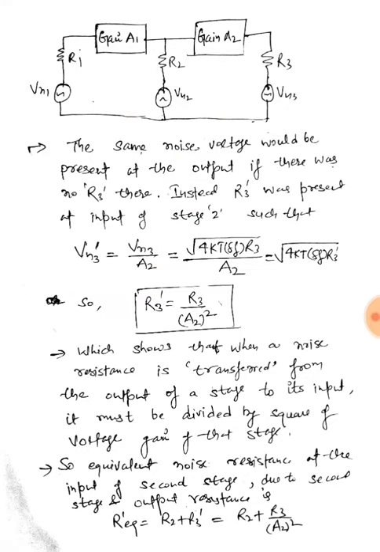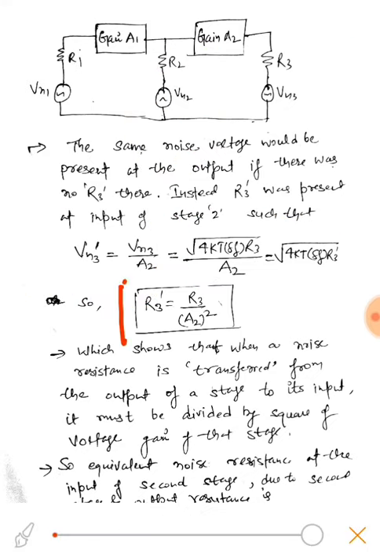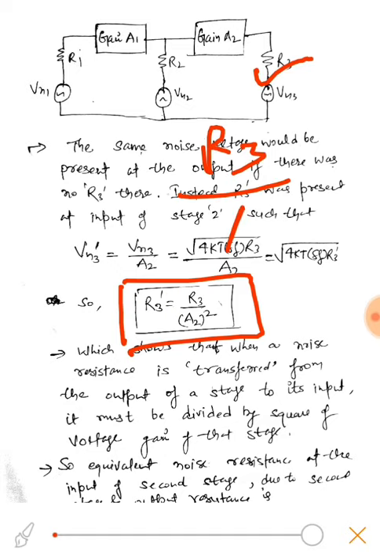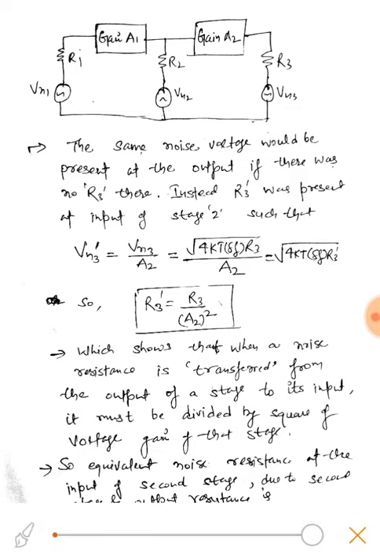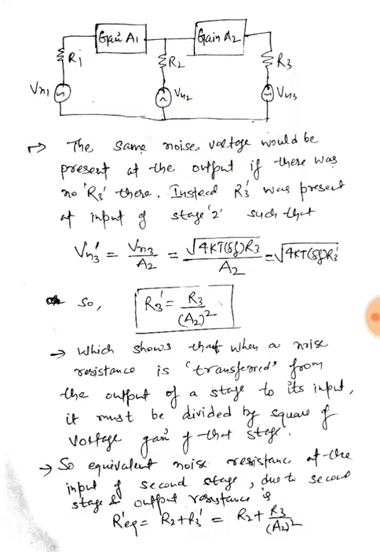So R3 dash comes out to be R3 divided by A2 square, which shows that when a noise resistance is transferred from the output to the input stage, it must be divided by the square of the voltage gain of that stage.